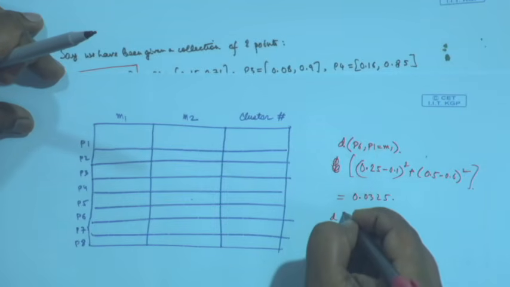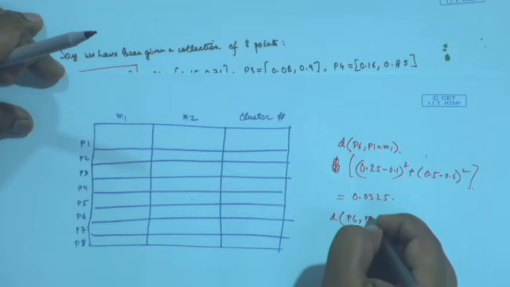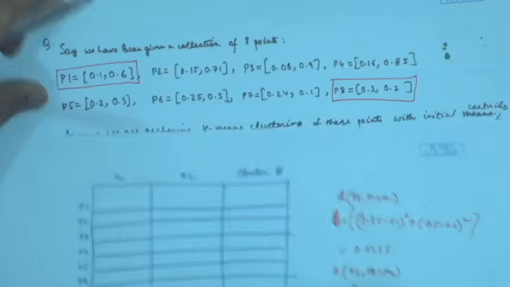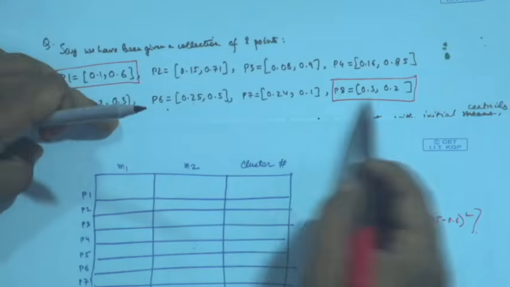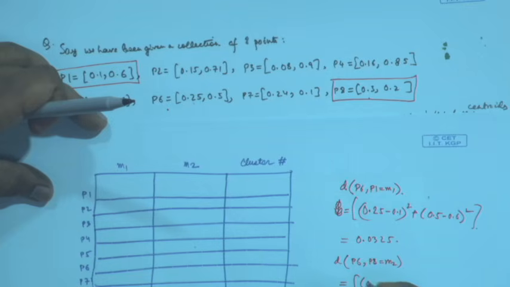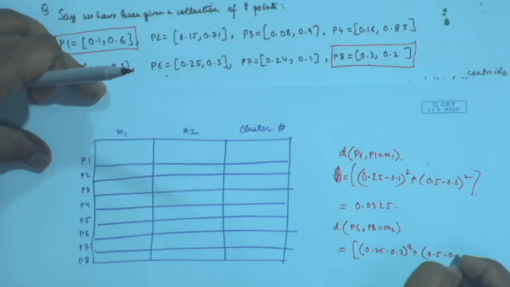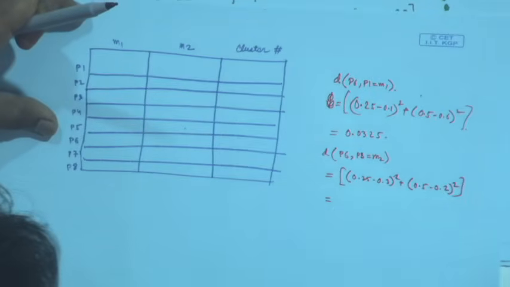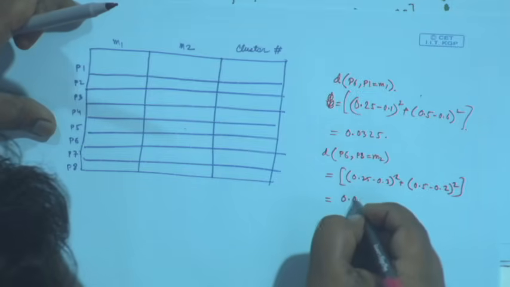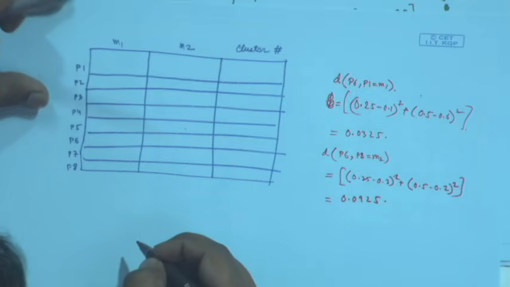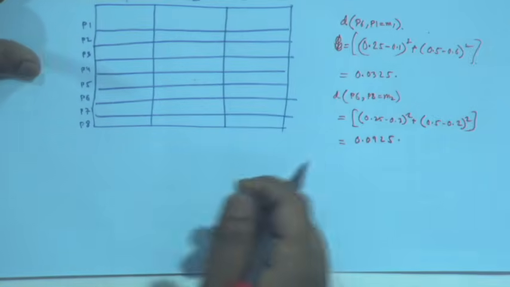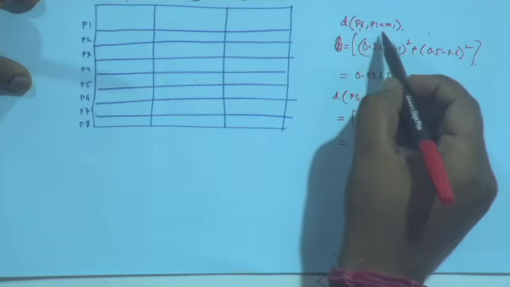Similarly, the distance between P6 and P8, which is actually M2, is equal to 0.25 minus 0.3 squared plus 0.5 minus 0.2 squared, which I have pre-computed again. So P6 to this is 0.0925.